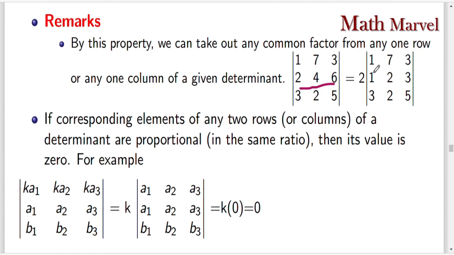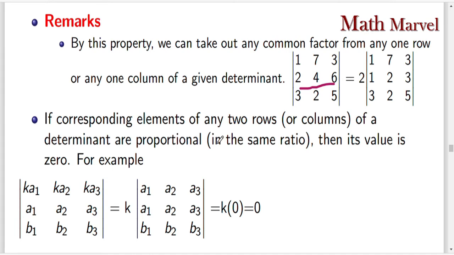The first row stays as it is; taking 2 common, 2 ones are 2, 2 twos are 4 and 2 threes are 6, and the third row remains as it is. So if any row or any column has some common number in each and every element, we can take it outside. This is nothing but our constant k.